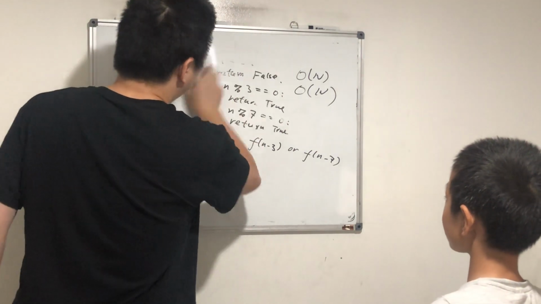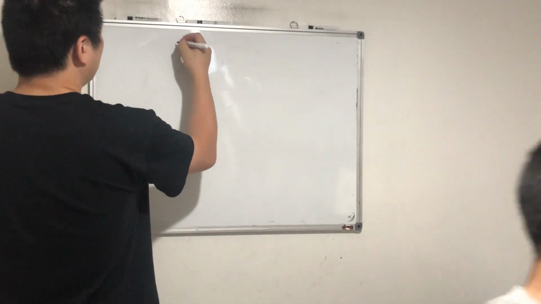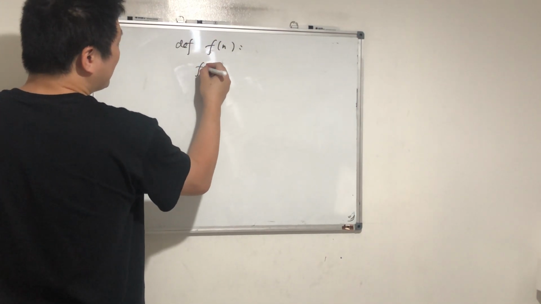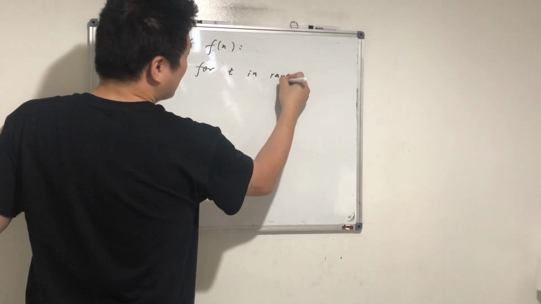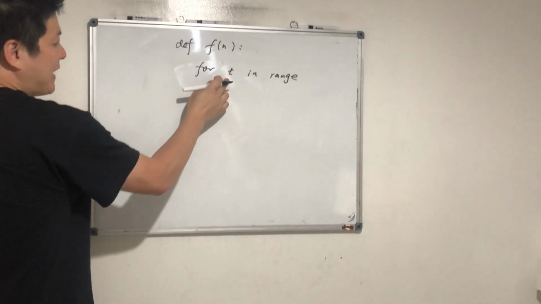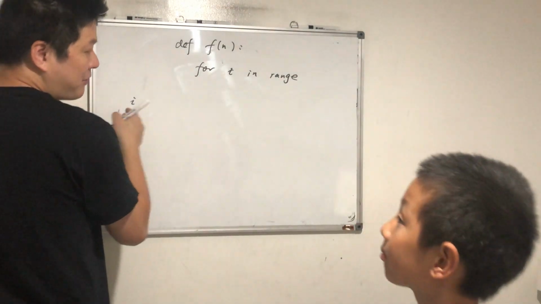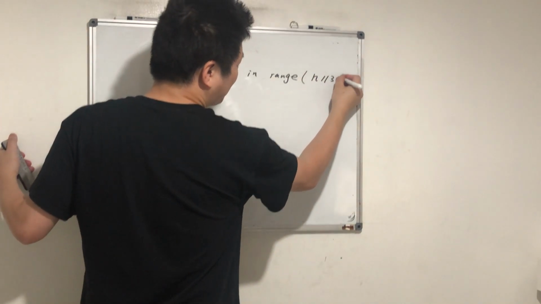How about if we just go through the number of multiples? Very good. Define f of n. Look, if we're going for i in range, let's say i is the multiple of 3, okay? Multiple of 3. So you will go to n divided by 3 plus 1, right?